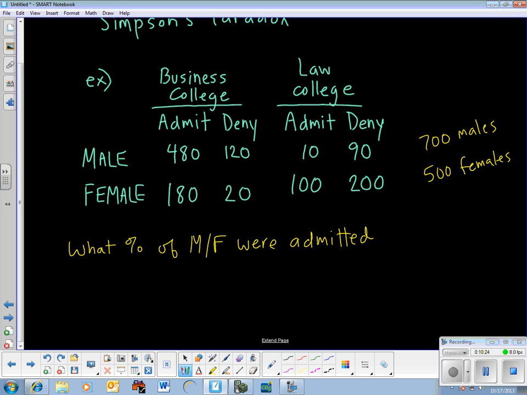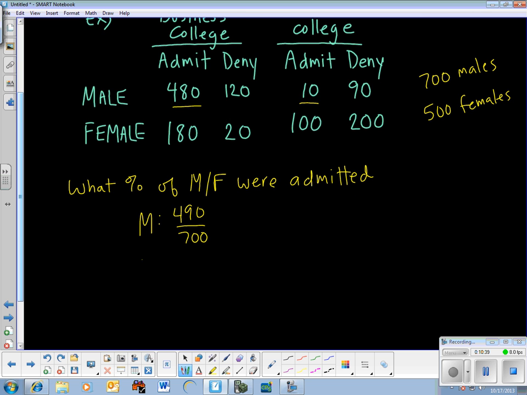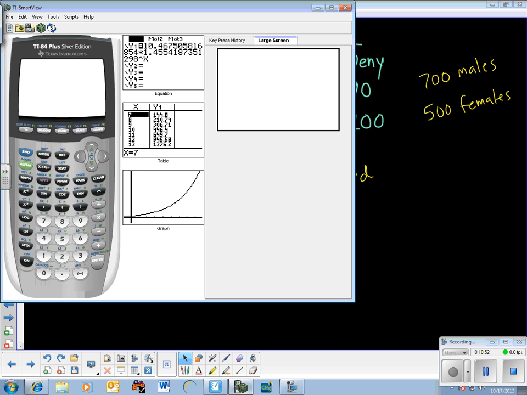Okay, so overall admitted, we had 490 out of 700 males. And overall admitted, out of 500 females, we had 280 out of 500.